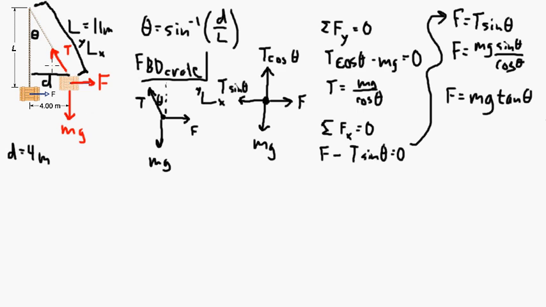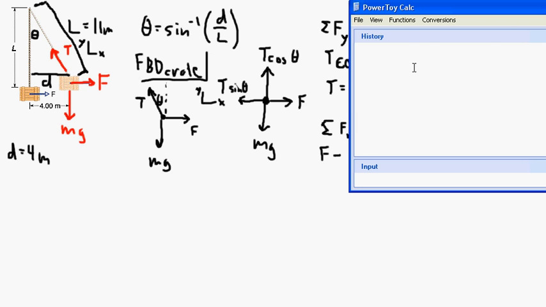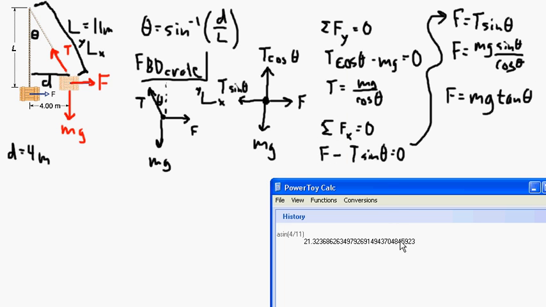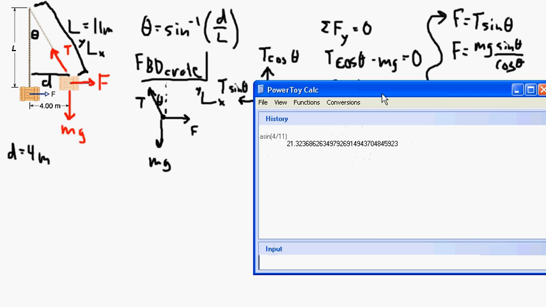Okay, so let's find out what this is for us. Theta equals the arcsine of D divided by L, that was 4 divided by 11 for my numbers. Then I'm going to do mg times the tangent of that.